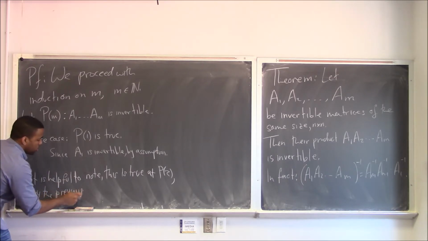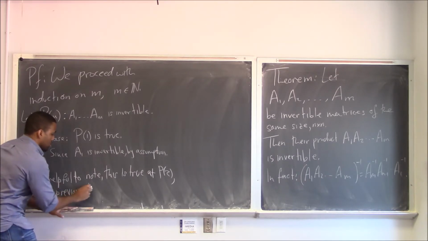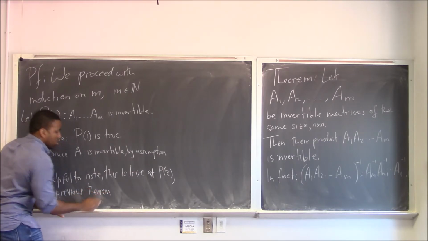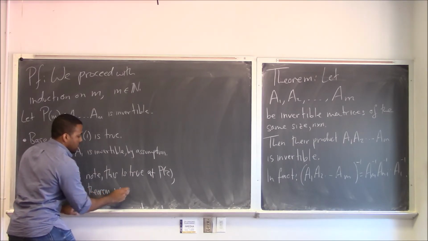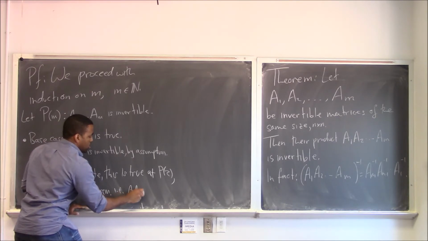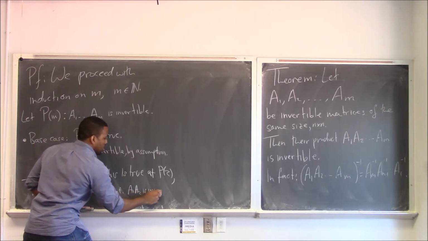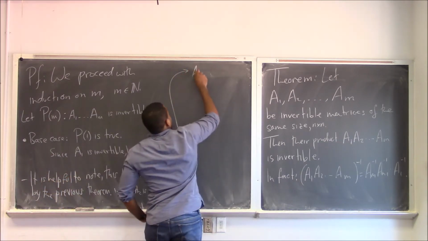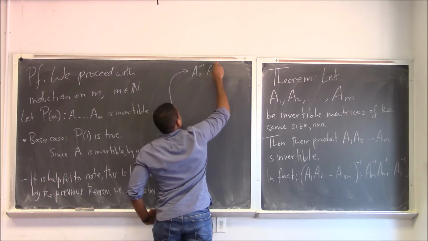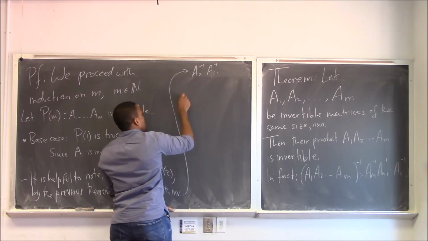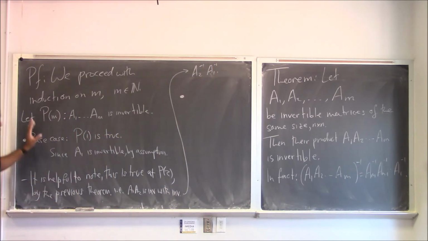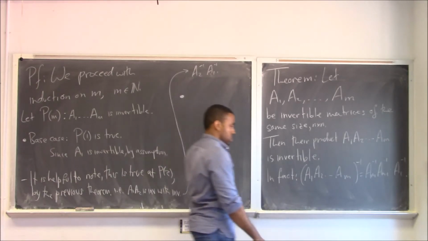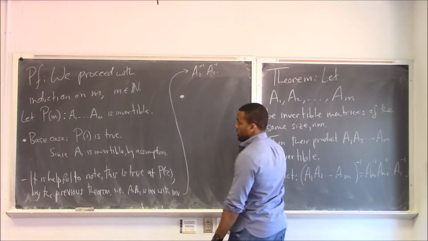I know the product of two of them is also invertible, i.e. A1 A2 is invertible with inverse A2 inverse A1 inverse. So P(1) is true and P(2) is true, and we've established the base case.